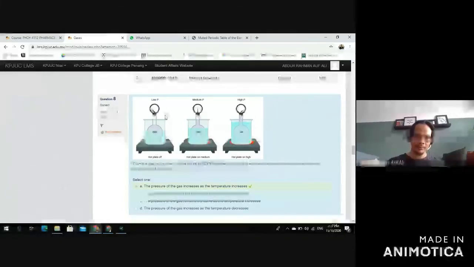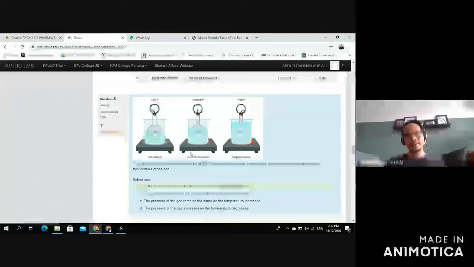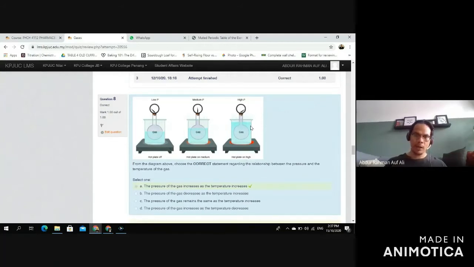So there's a barometer up here untuk measure pressure, it is 0. So kalau kita panaskan this hot plate to medium, the temperature will rise up right in the middle. So the pressure increase. Tapi kalau kita panaskan lagi, it is on high, the pressure will be on maximum. So apakah conclusion yang kamu boleh buat?